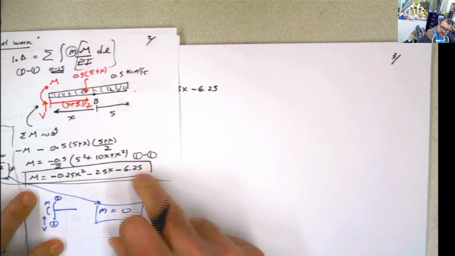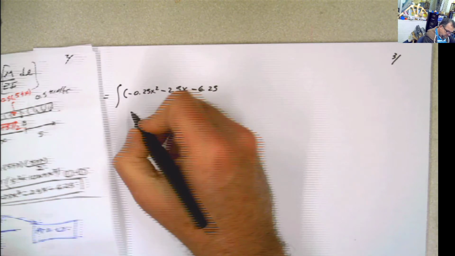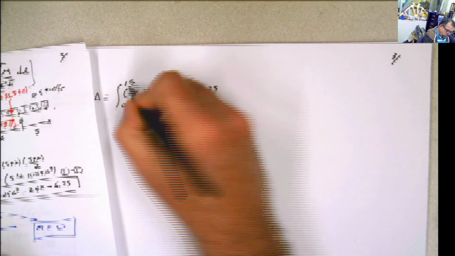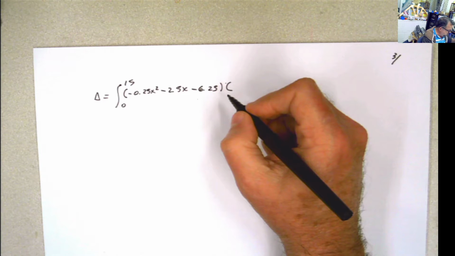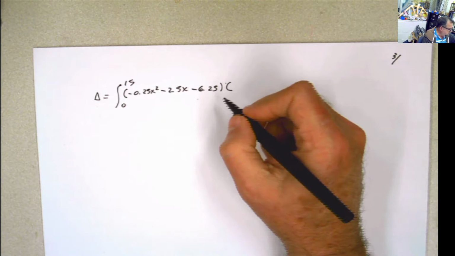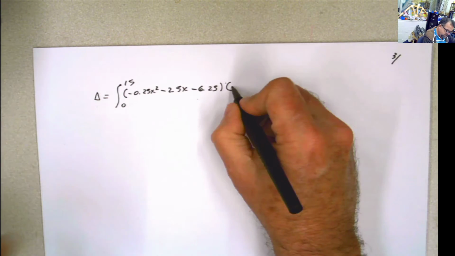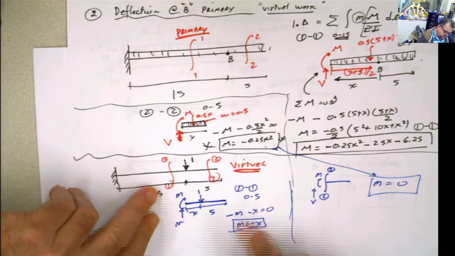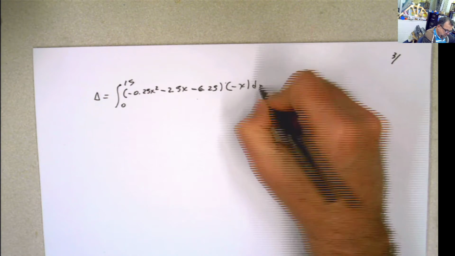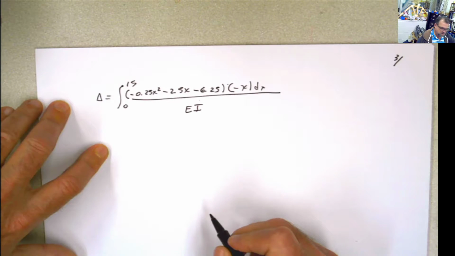This is what we have here from this part, and this is supposed to go from 0 to 15, multiplied by the other one that we calculated, which is just negative x. Negative x we just calculated here. This is the same section 1, 1 for virtual, dx, and remember this is divided by EI. And in this case EI is constant.